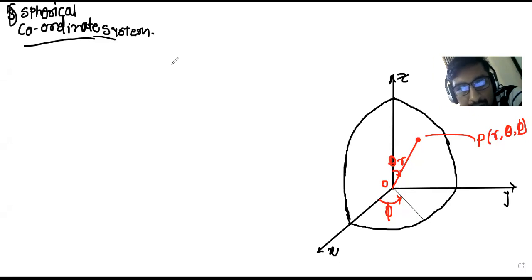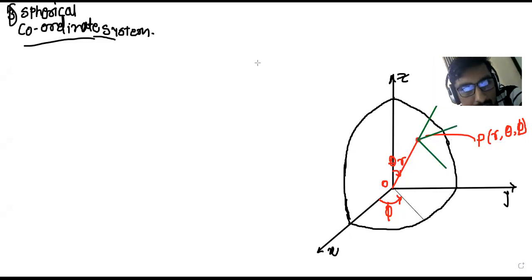Now here also we have some unit vectors. So those unit vectors would be a bar r, that would be in the direction of radius. So this is a bar r. Then we have a bar theta, that would be in the direction of theta. So this would be the a bar theta. And a bar phi, this is in the direction of phi.